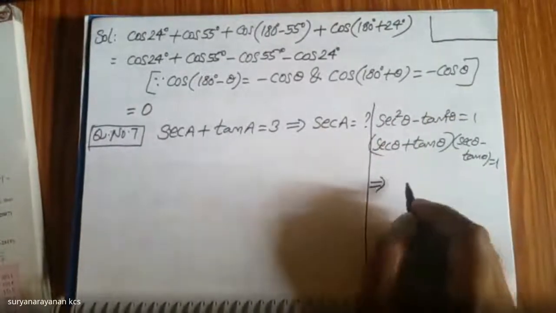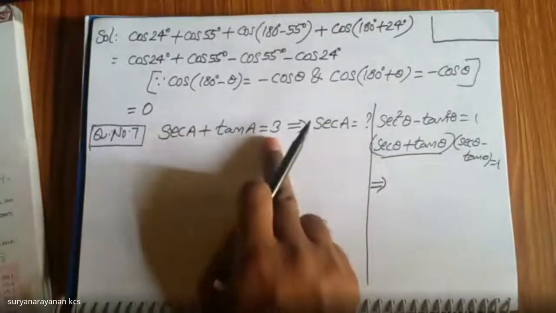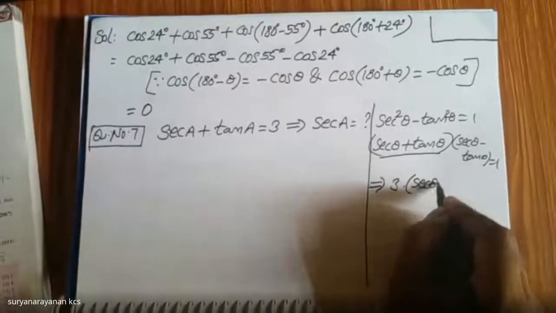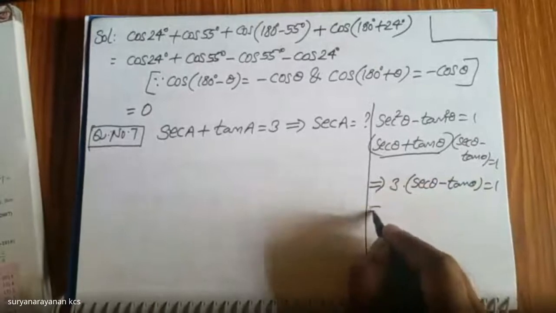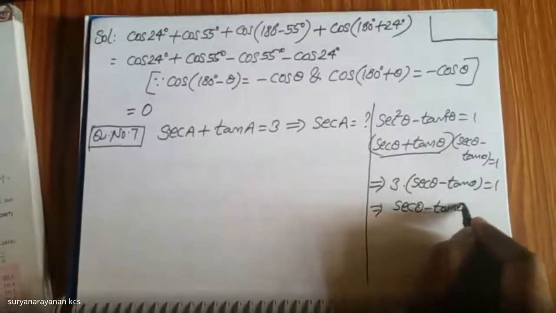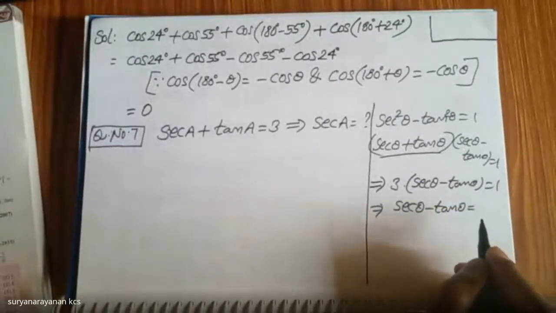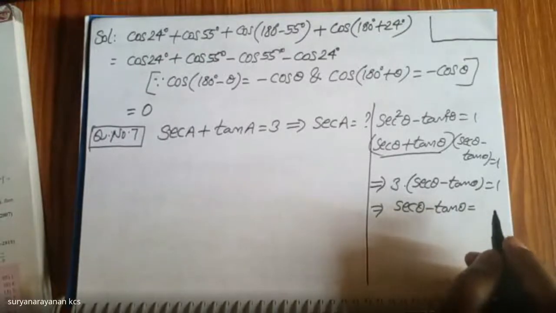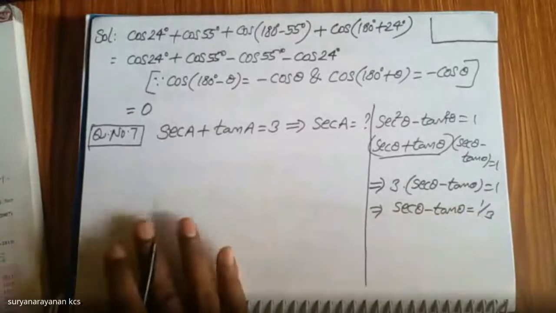Then what will you get here? Secant theta plus tan theta value, what is here? 3. Yes or no? Yes, sir. 3 into secant theta minus tan theta is equal to 1. Then what is the value of secant theta minus tan theta? 1/3.